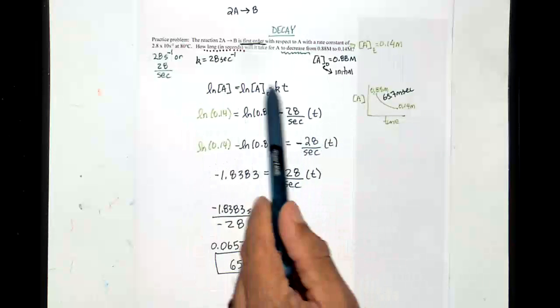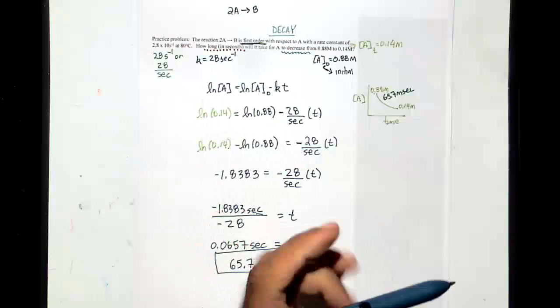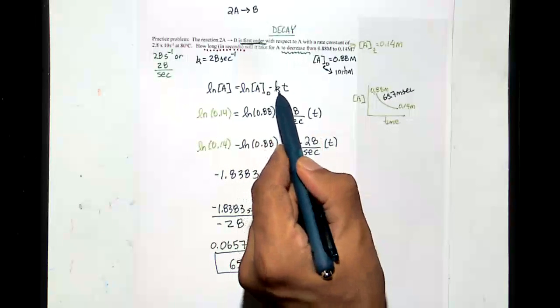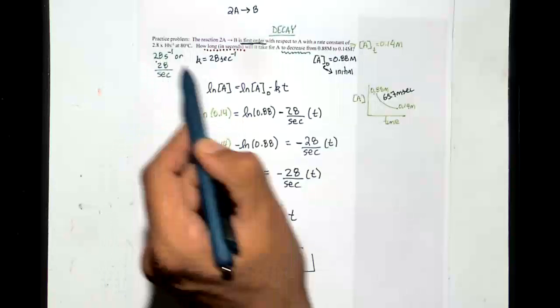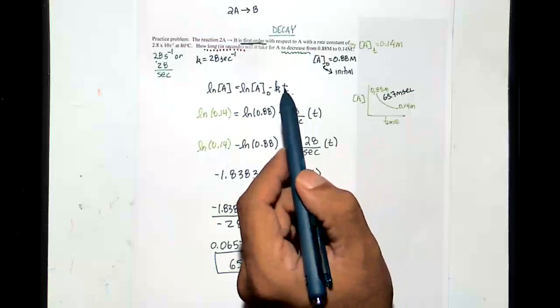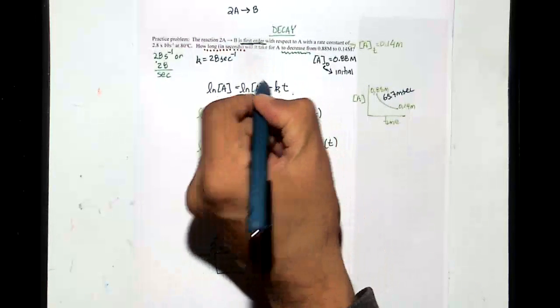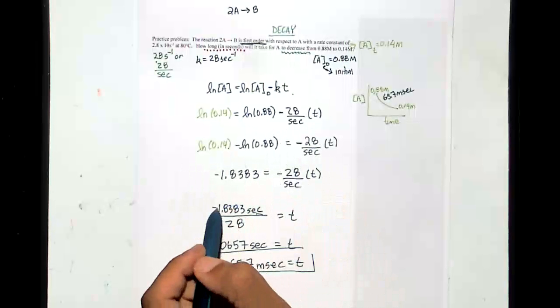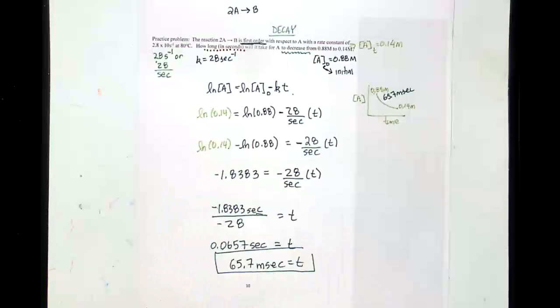So here you just want to copy the equation from your sheet. Minus k, which is minus 28 inverse seconds, times time t. And you notice that when you solve for t, this minus cancels. So t can never be negative. We don't have negative 20 seconds. It's just positive. Time is always positive, at least on this planet.